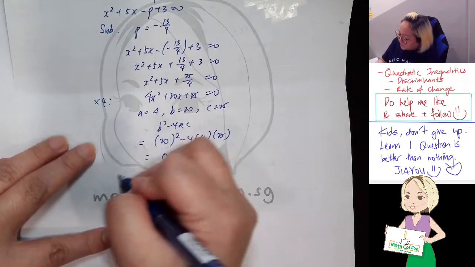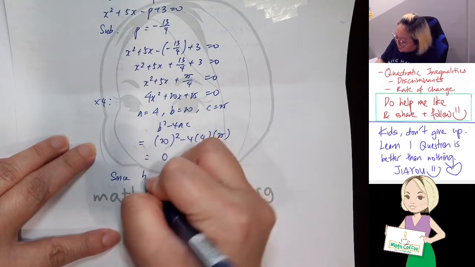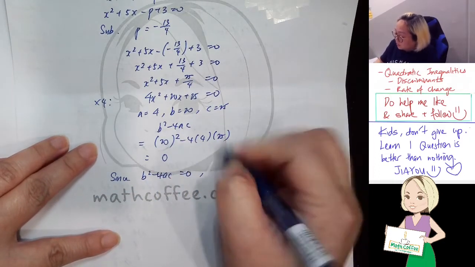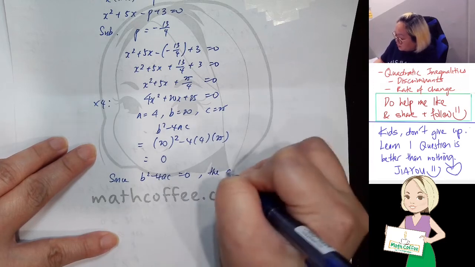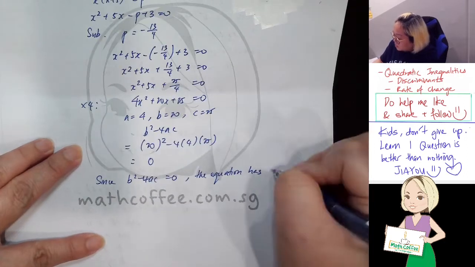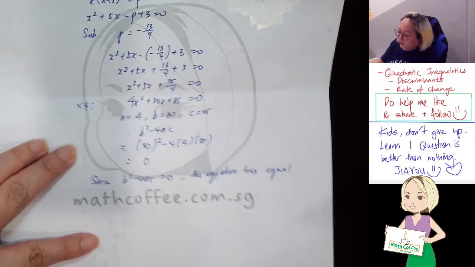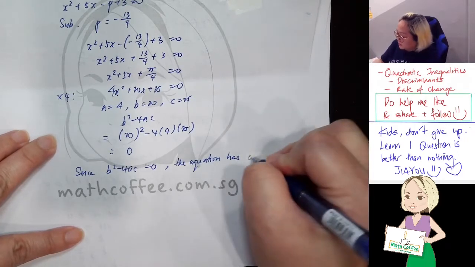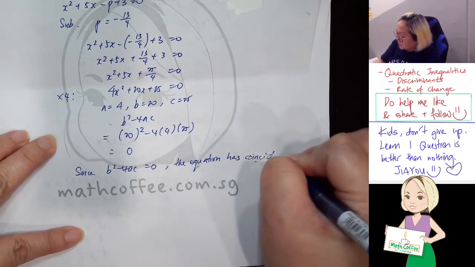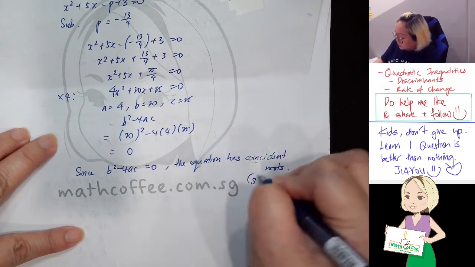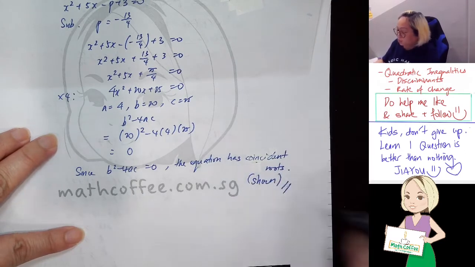So you will say that since b squared minus 4ac equals to 0, the equation has equal roots. We must follow them and say coincident roots. Shown. Just put the word shown, since they asked me to show.